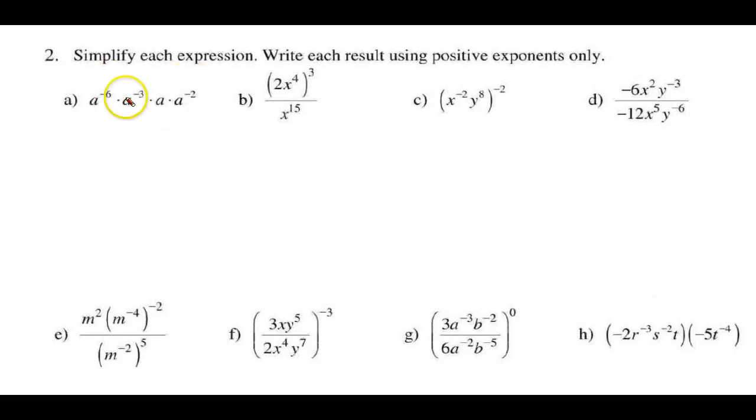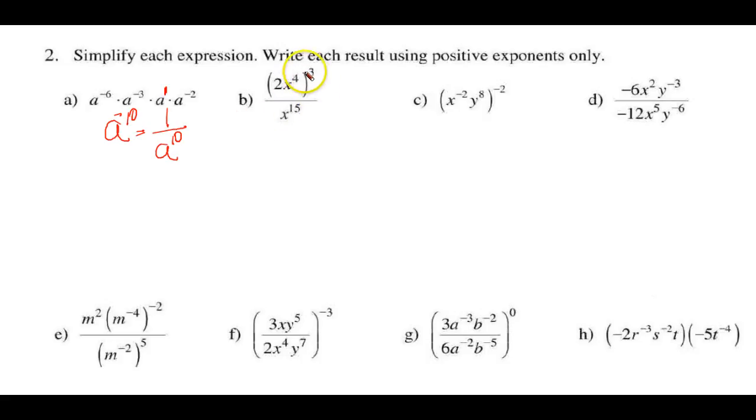We want only positive exponents. So remember there's a 1 there. So this would be negative 9, negative 11, subtract 1 then, negative 10. So this is a to the negative 10th, and that becomes then 1 over a to the 10th.